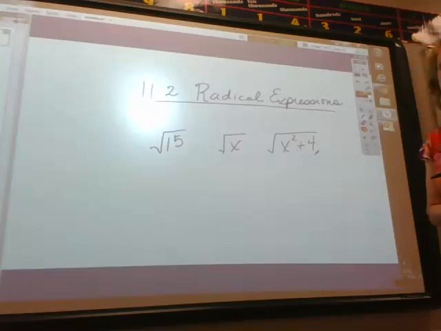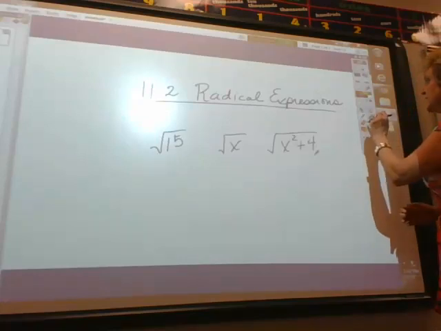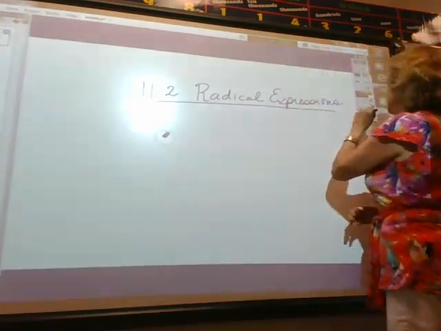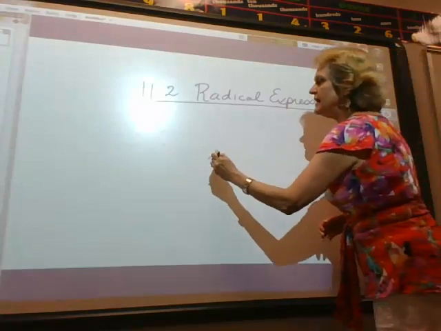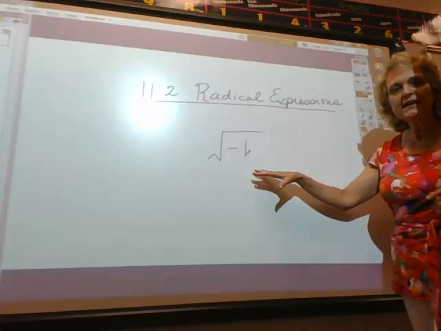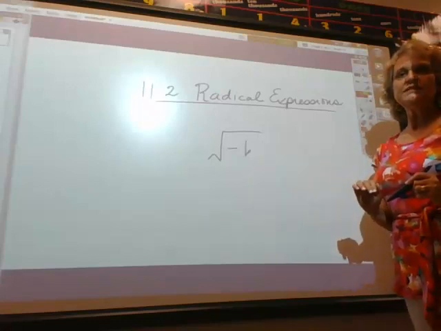Now, the first exercise that you're going to be expected to do is to see if the radicand or the result is a real number. What have we said in the past? We are not allowed in the real number system to have a negative under the radical. There is no answer to this in the real number system.